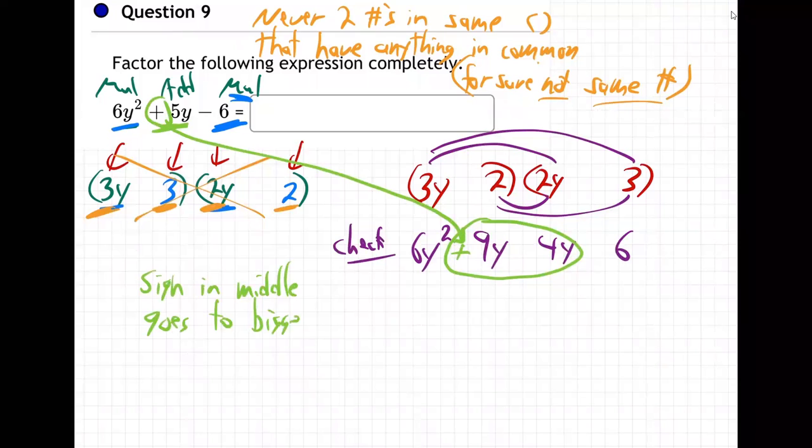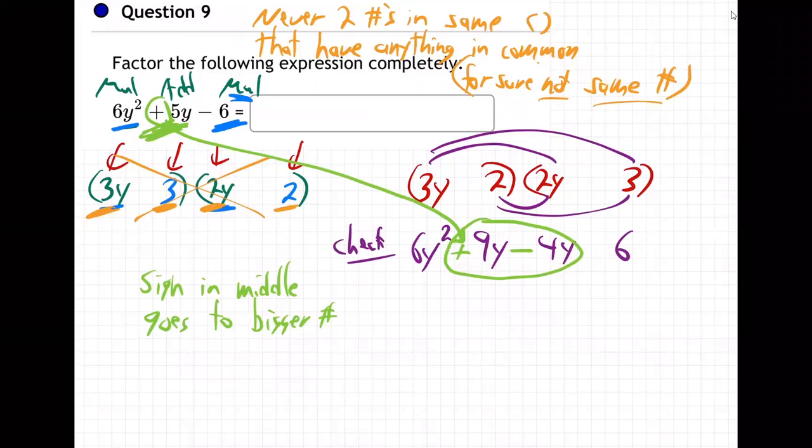Now the other one, the smaller number, you'll have to figure out his sign, and he can be plus or minus depending. Well, he's got to make plus 5y, so he's got to be minus 4, right? Plus 9 minus 4 is plus 5 in the middle. That making sense?